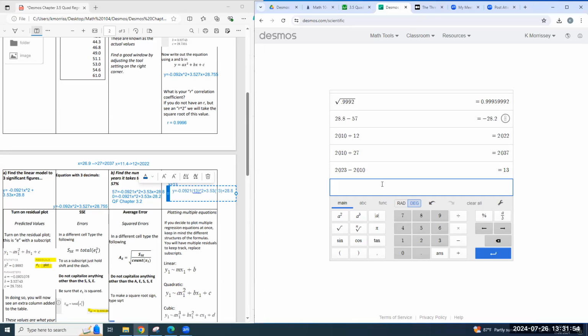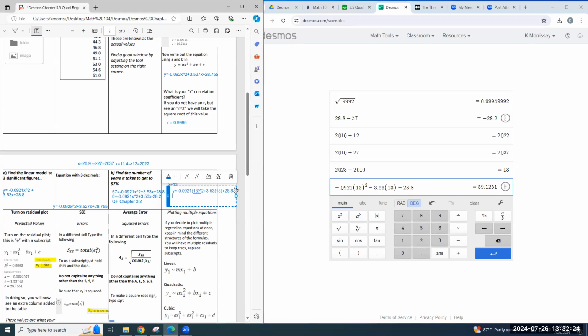Negative 0.0921, 13 squared. I like to put it as a square on the outside, plus 3.53 times 13 plus 28.8. So we have about 59.12, or 59-ish% of this occurring. So let's say y equals 59%.